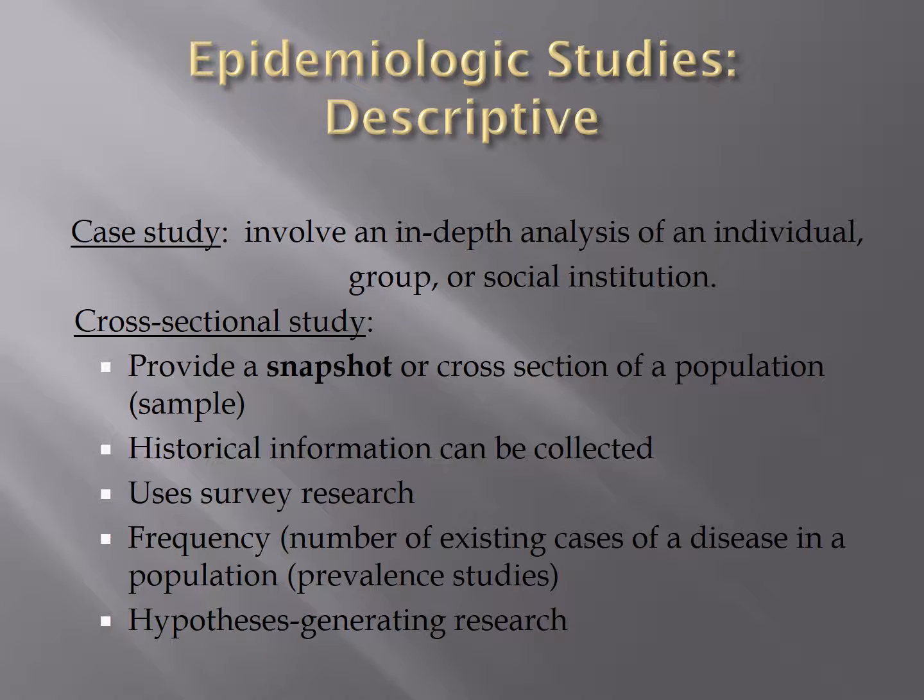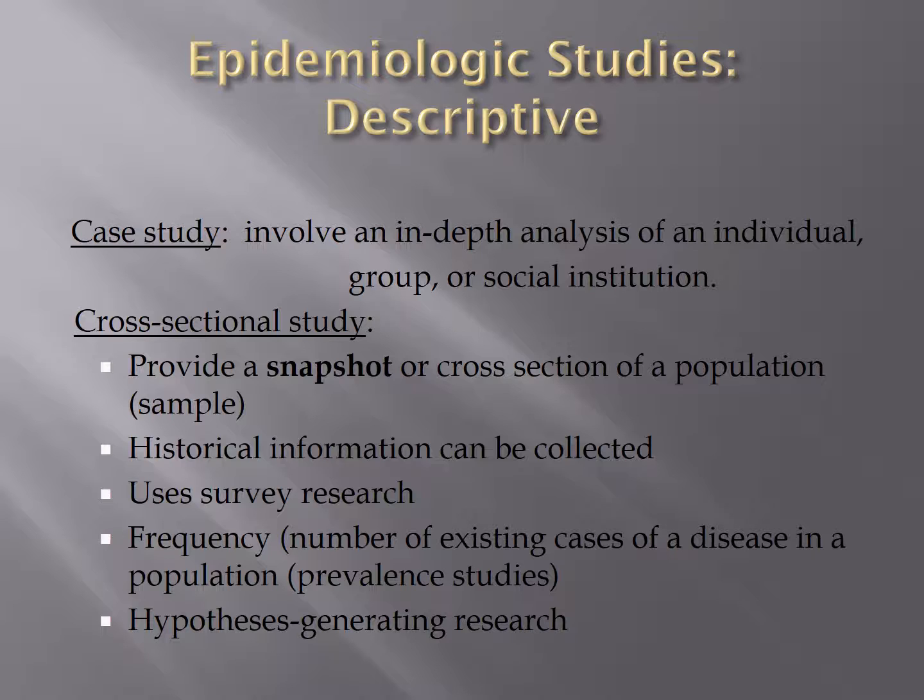There are two types of descriptive study, the case study and the cross-sectional study. The case study involves an in-depth analysis of an individual, group, or social institution. A cross-sectional study is a study in which a sample of persons from a population is enrolled, and their exposures and health outcomes are measured simultaneously.